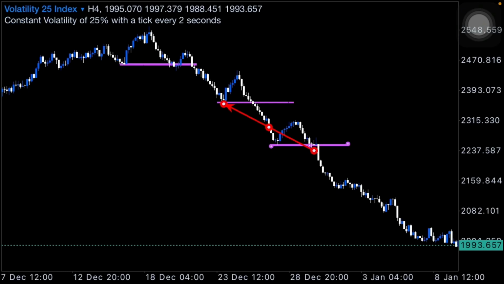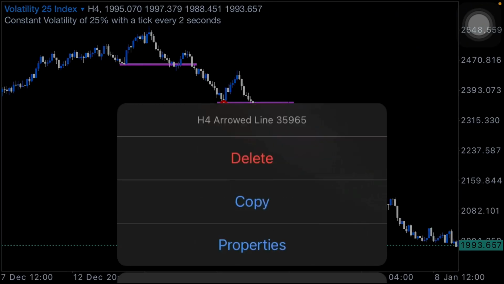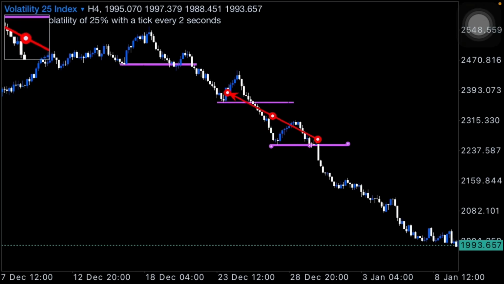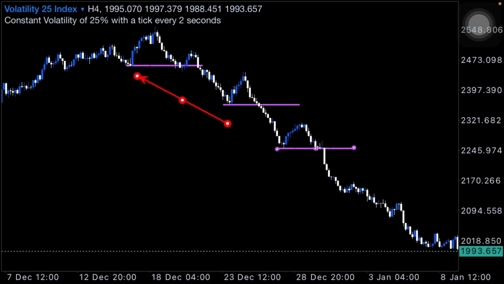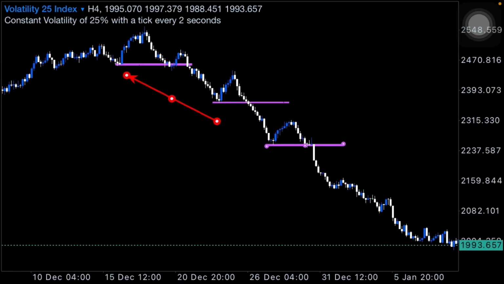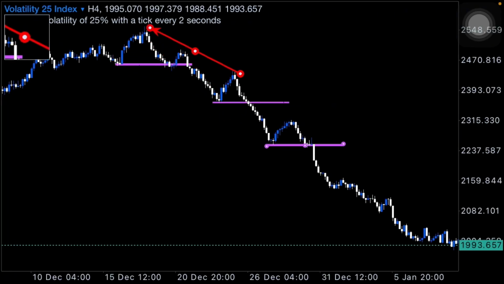So an impulsive move always moves in the direction of the trend, and corrective moves come against the trend. So they are counter-trend moves that happen once the impulsive move happens in the direction of the trend. Earlier on, I told you why I didn't regard this particular high here as a high. The reason is there is a low here and there is a high here.